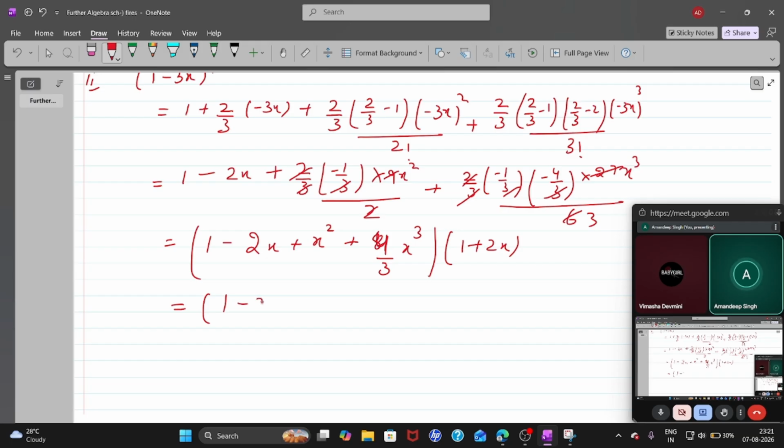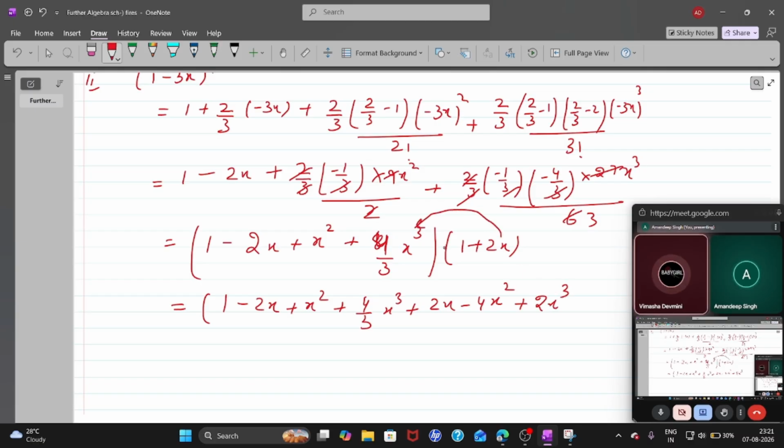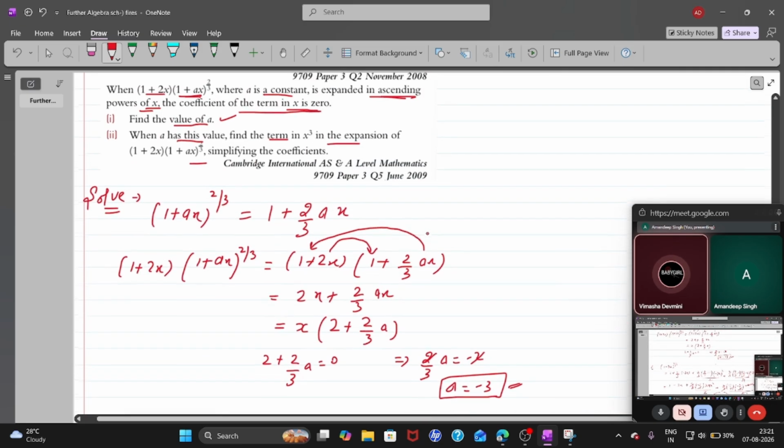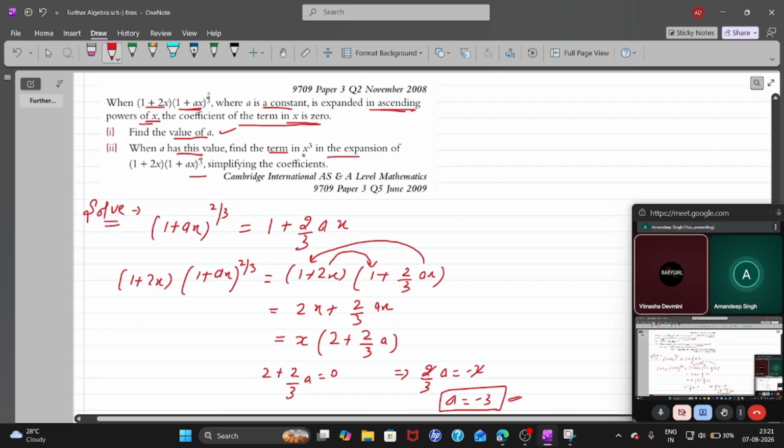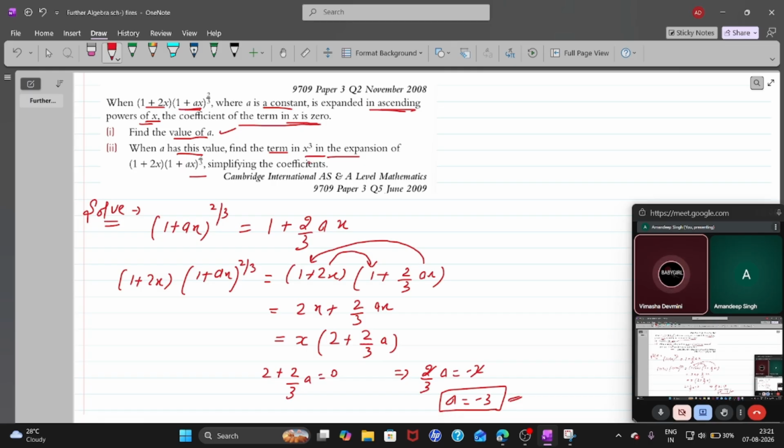So 1 minus 2x plus x square plus 4 by 3x cube, and if I multiply by 2x, then I'll get 2x minus 4x square plus 2x cube. What are they saying to find in the question? Find the term in x cube.